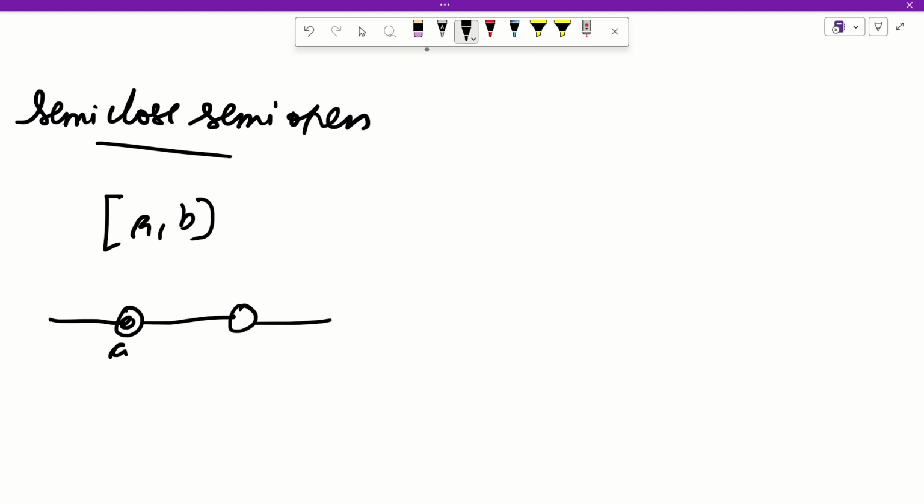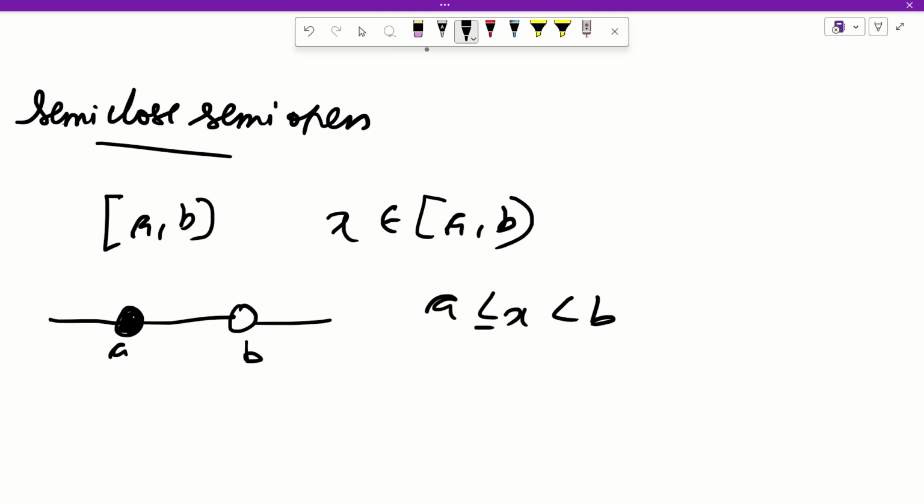Since A is closed, we shade it, and this will be B. That is x belongs to semi-closed A comma B, since semi-closed is first. So the inequality form will be A less than or equal to x less than B.